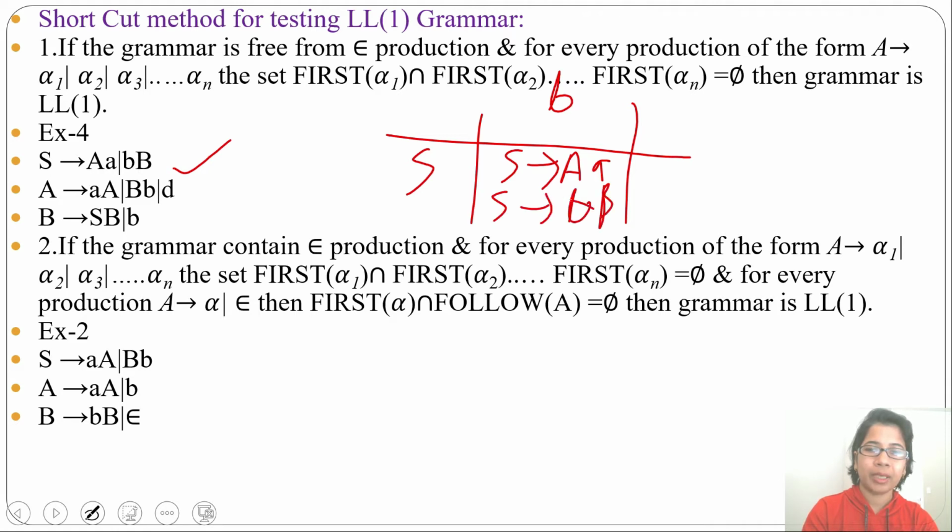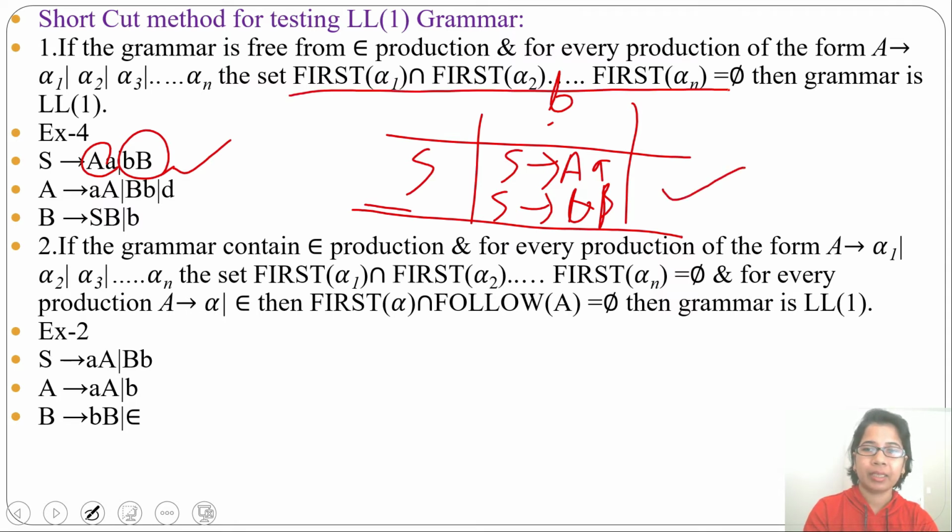You are getting b due to this AA plus due to this BB. There are multiple entries, so the grammar is not LL1. So rather than doing the parse table, you can just check the first and say the grammar is not LL1. Here also you can check first of alpha intersection follow of the LHS. If it is phi, then the grammar is LL1. If there is anything common, then the grammar is not LL1.